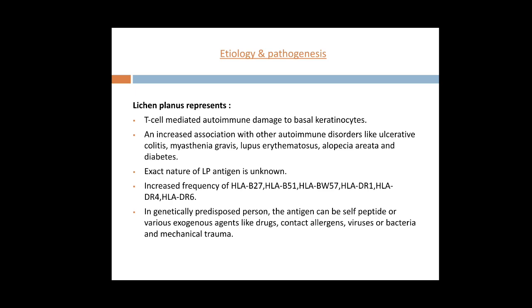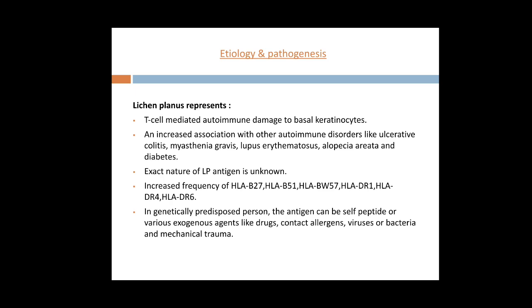The exact nature of the antigen which stimulates this autoimmune process is unknown, and many of these lichen planus patients have HLA types which might be frequently involved: B27, B51, BW57, DR1, DR4, and DR6.